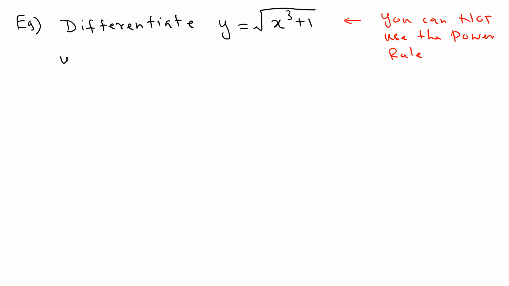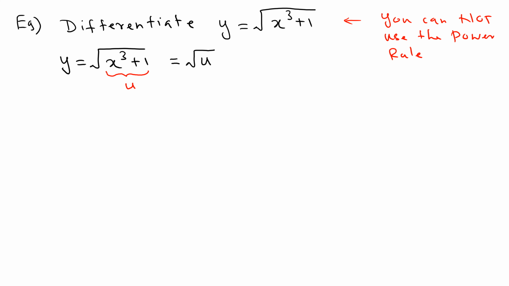So we have y equal the square root of x cubed plus 1. We pick the inside function as u. When you do that, you can rewrite your function with respect to u, and it is simply square root of u.